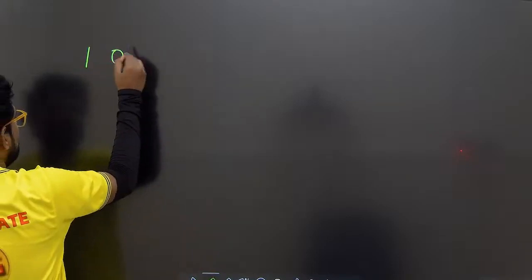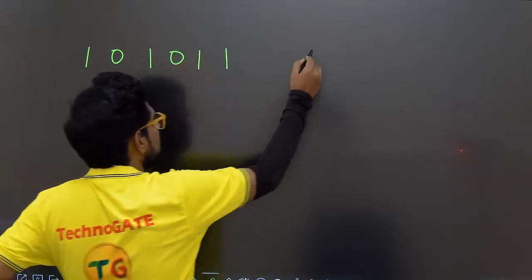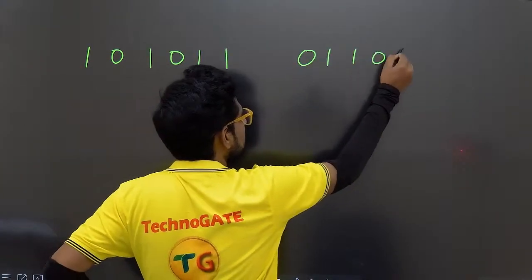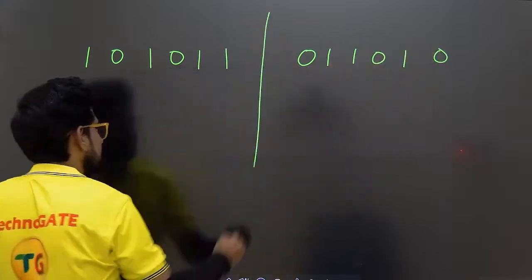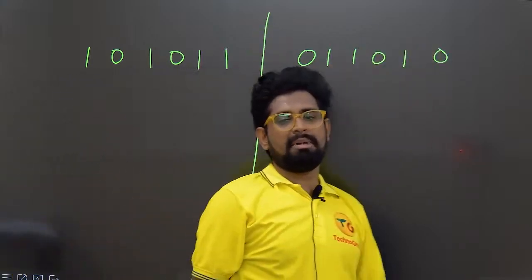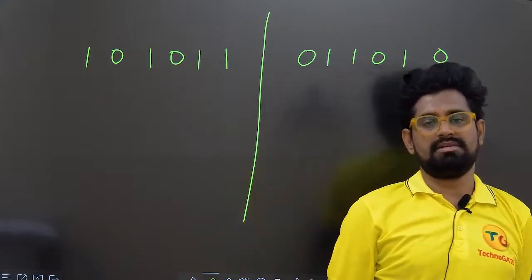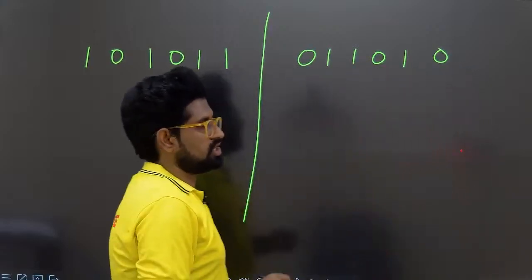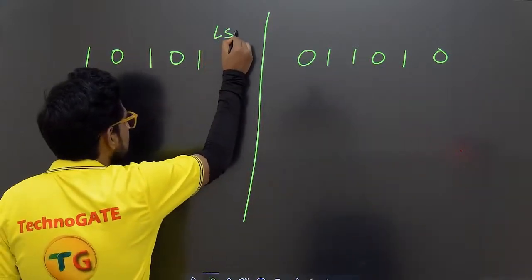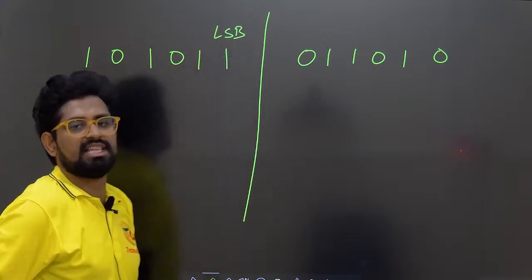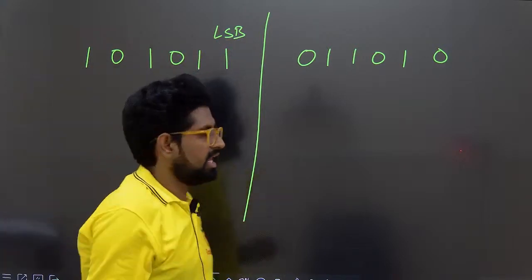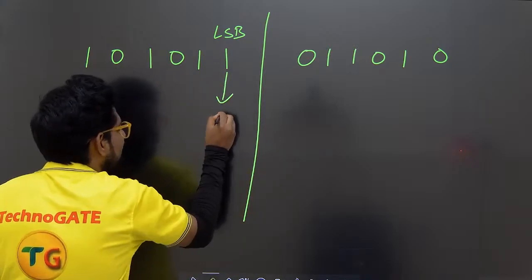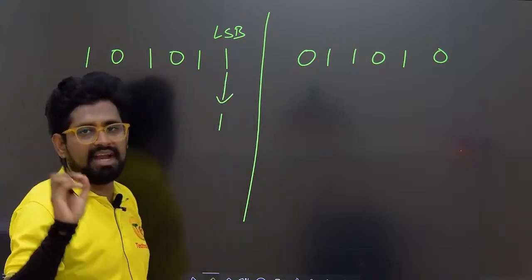Here, let me take some bigger numbers, 0 1 0 1 0 and another. These are 2 examples. Let me perform the 2's complement. As I said, start from LSB, the least significant bit. What is my LSB? 1. Write that 1 once.